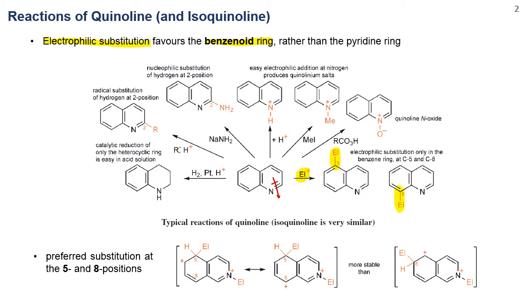So this is the most important difference between quinoline and pyridine. And because of this, quinoline is more reactive towards electrophiles, although still much less than benzene itself. And most other reactions are the same as pyridine.